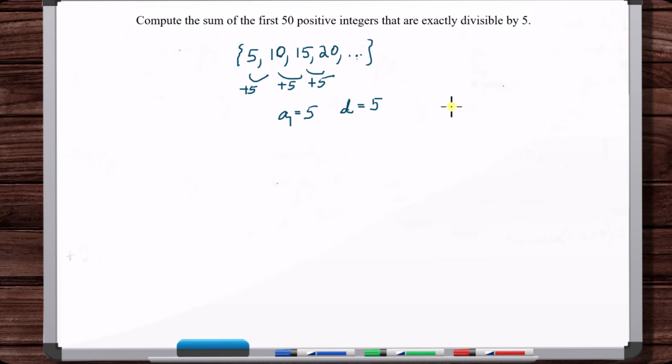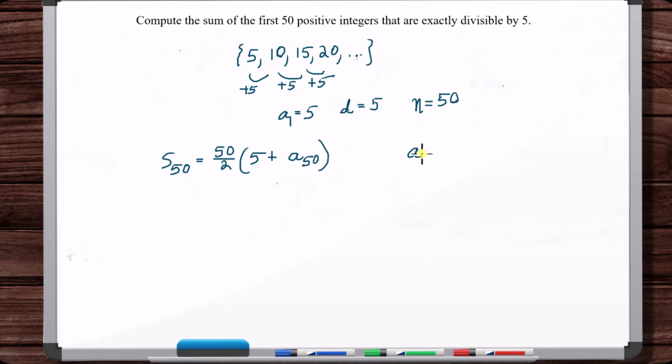All right, and then we're computing the sum. So in our s sub n formula, we're using the first 50 terms. So n is going to be 50, right? So s of 50 is equal to 50 divided by 2, and then a sub 1 is 5 plus, and now we just need a sub 50. We don't have that yet. How do we get a sub 50?